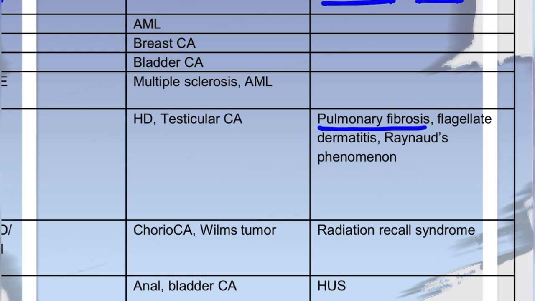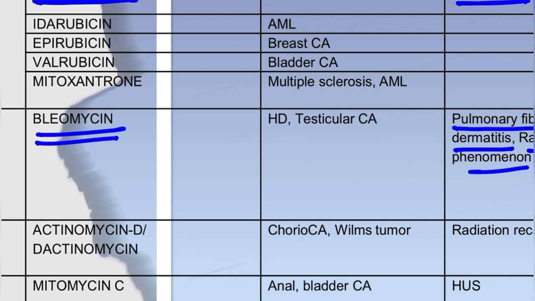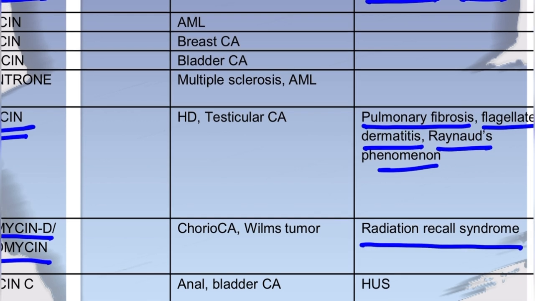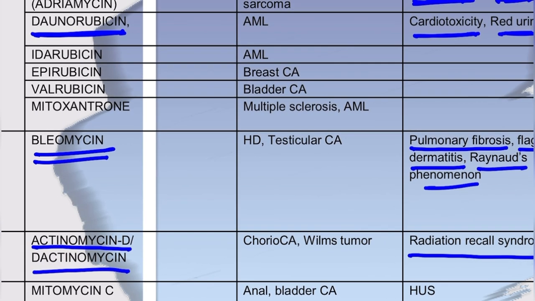Apart from this, if possible, try to remember flagellate dermatitis, one special skin condition, and Raynaud's phenomenon. These three are side effects of bleomycin. Actinomycin D or dactinomycin. Side effect is radiation recall syndrome. Okay, I will discuss later what radiation recall syndrome is. This is not important. And mitomycin C, side effect is hemolytic uremic syndrome.